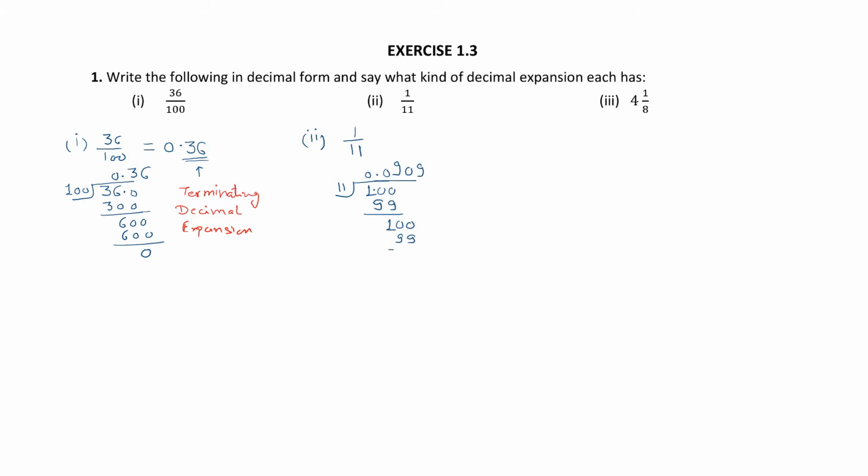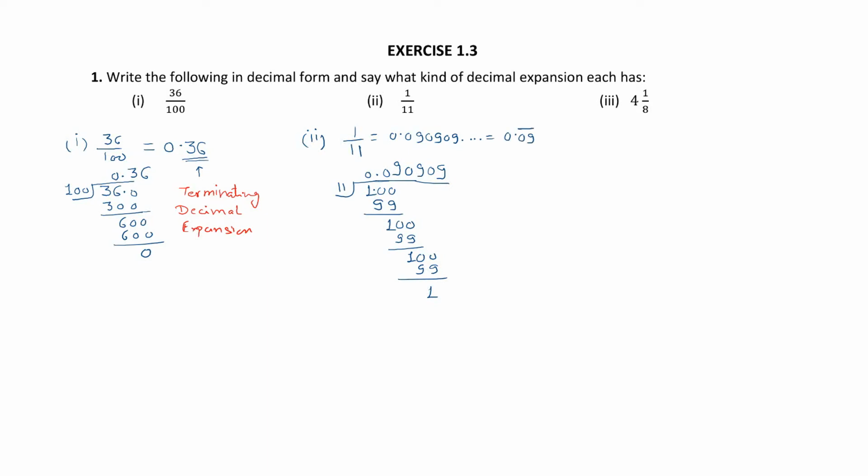Again the remainder is 1, and 11 times 9 is 99. Hence the remainder will repeat as 1 and it will be like 0.09, 09, 09 and so on. We can write it as 0 point a block of 2 digits, that is 09.